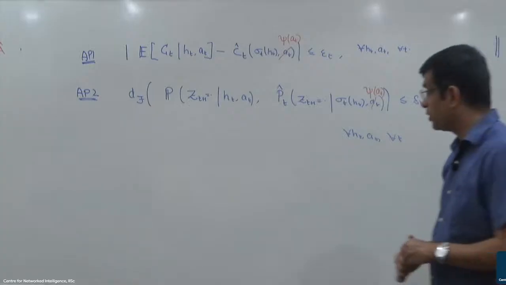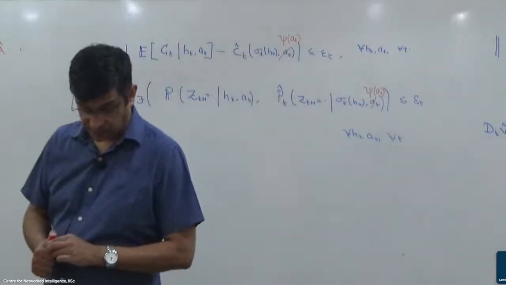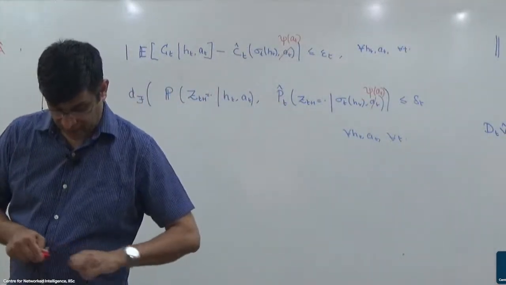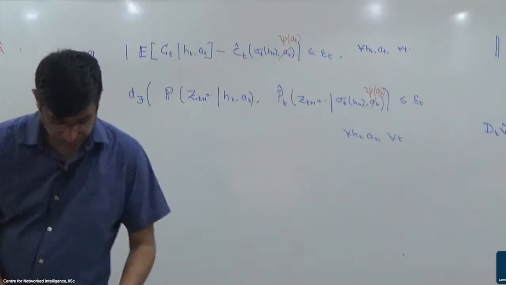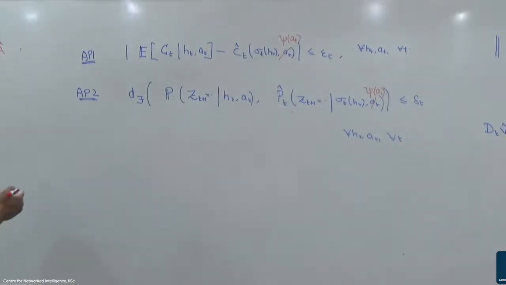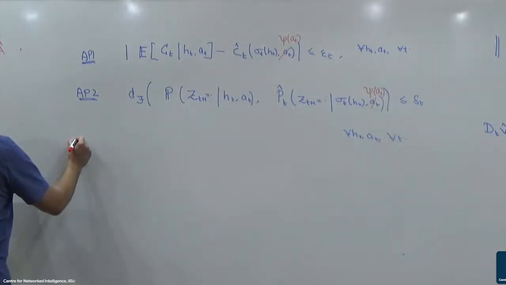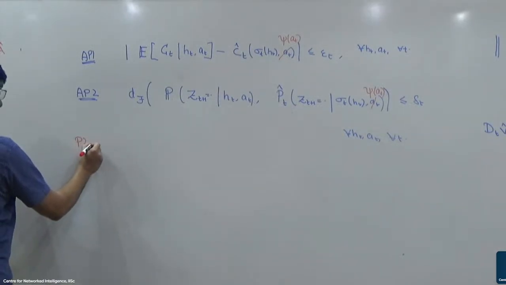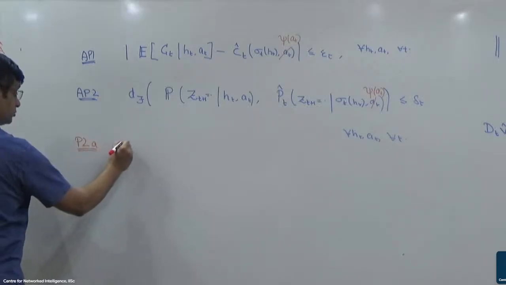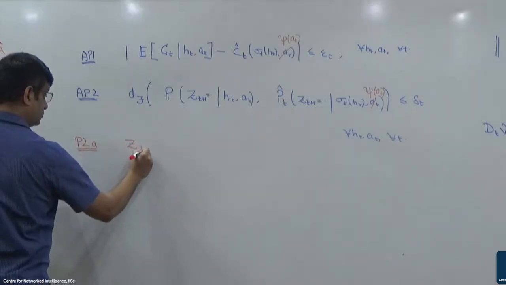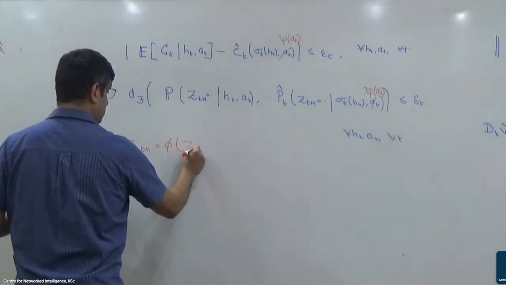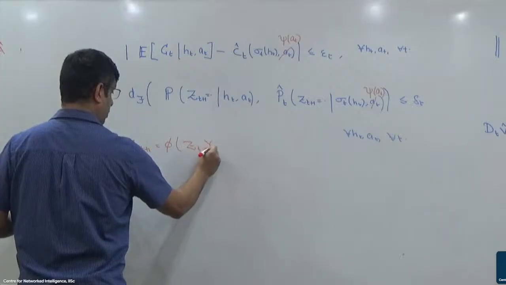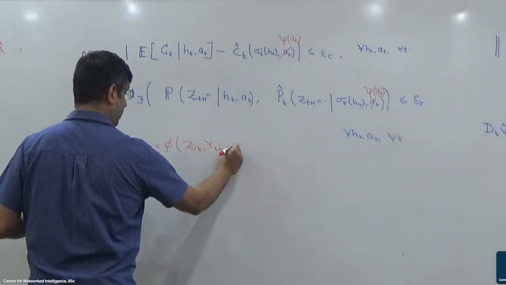So, let me write that down here. I am going to assume P2A. So, I will say ZT plus 1 is some function of ZT, YT plus 1 and AT.